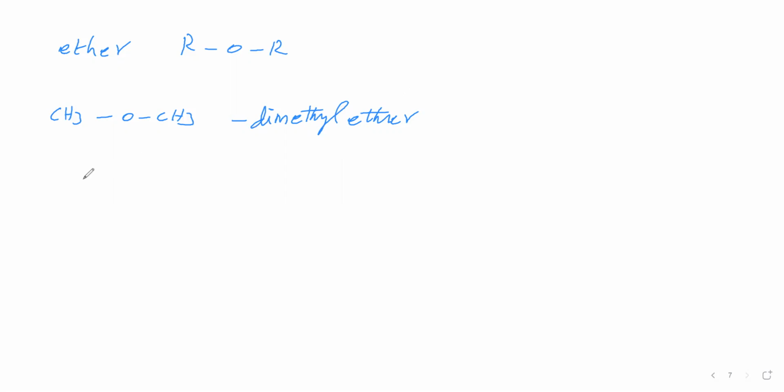What is the IUPAC name? IUPAC name means this oxygen you have to include to one part. Which part oxygen should be included means the part which has more number of carbons. To that part include oxygen. Here both parts contain same carbons. Therefore any one.